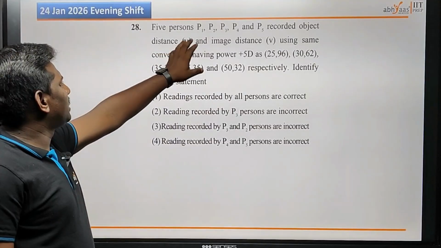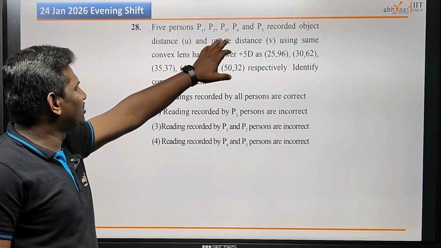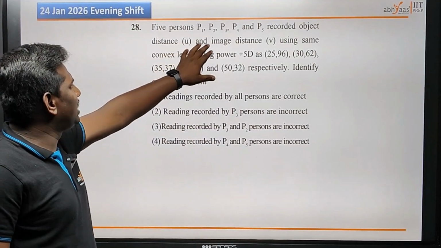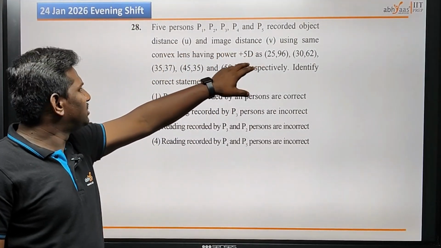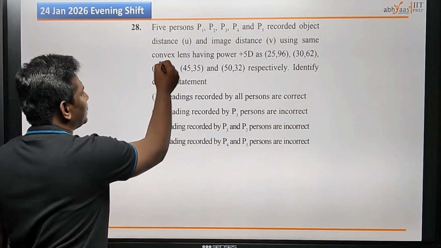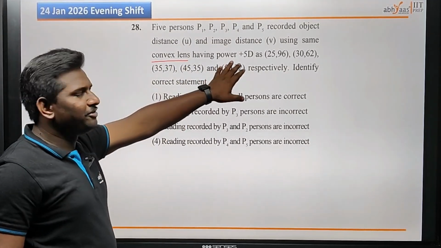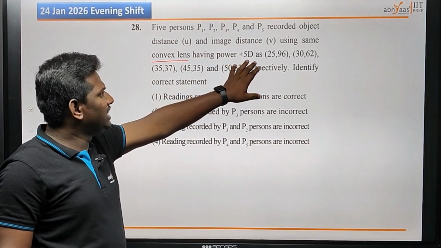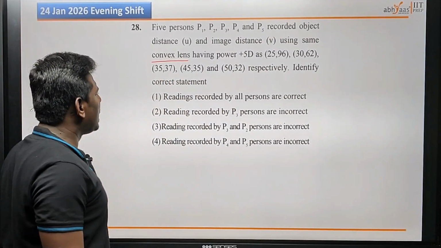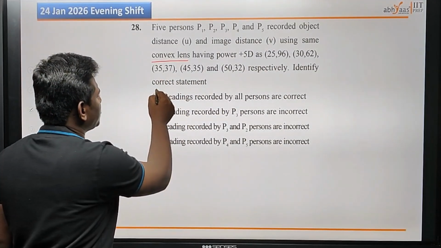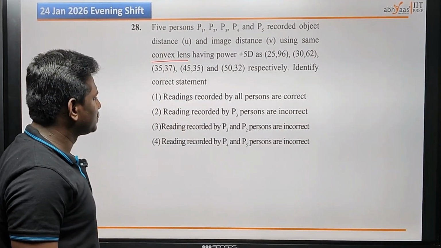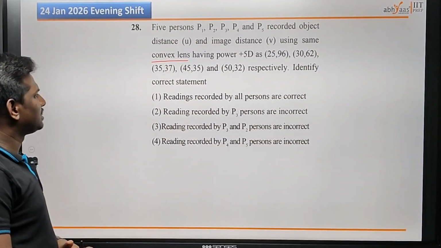5 persons P1, P2, P3, P4 and P5 recorded object distance U and image distance V using the same convex lens having power 5D, as given respectively.